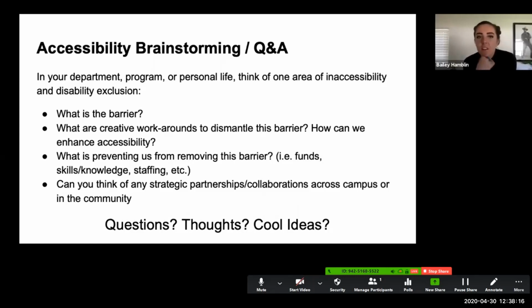Any other thoughts? What are folks' thoughts on just the digital participation and the work from home type accommodations that have been offered recently, and how those might be good accessibility and inclusion strategies moving forward?